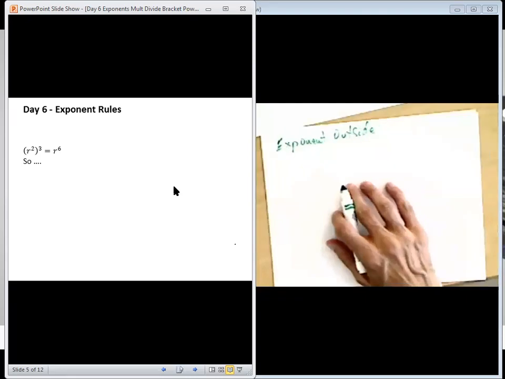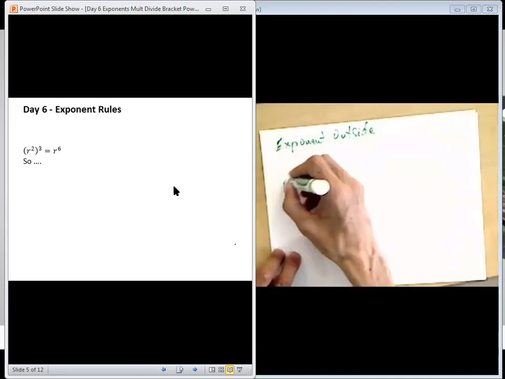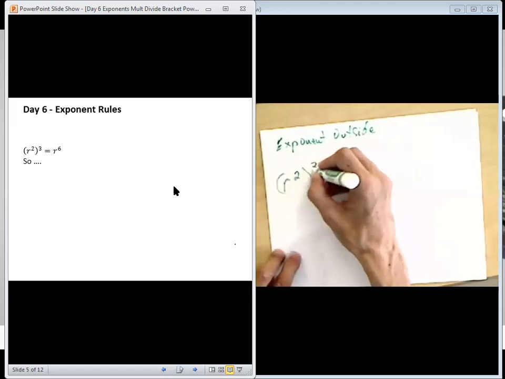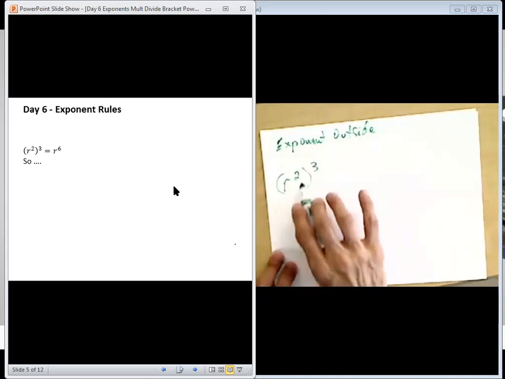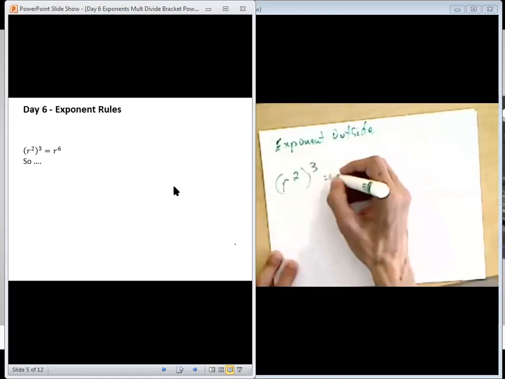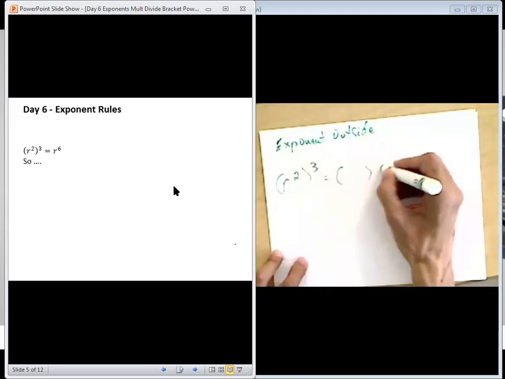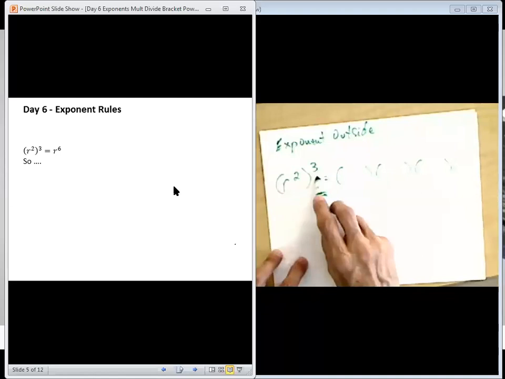So you see that little 3 there? This 3 says there's 3 of whatever is inside of the brackets, all multiplied together. 1, 2, 3 sets of brackets because of the 3 on the outside.